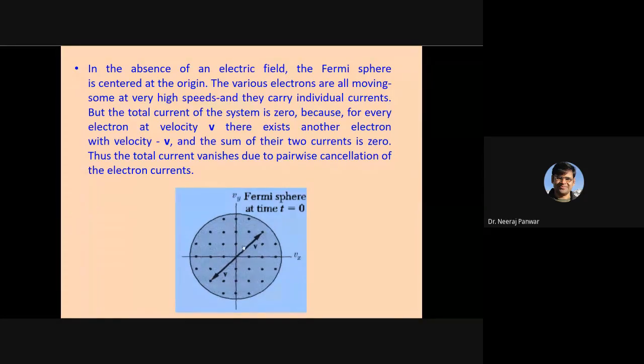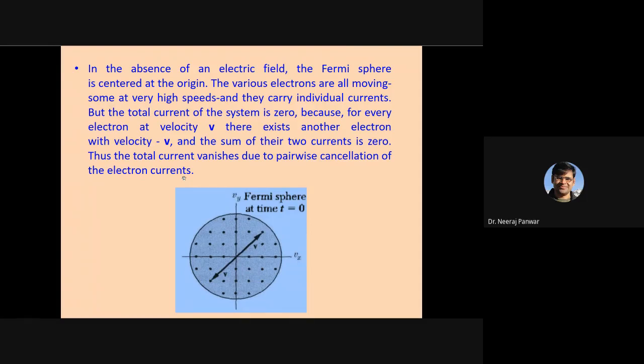They have equal but opposite speeds, and each electron is carrying current. Therefore, the sum of the two currents is zero. Thus, the total current vanishes due to pairwise cancellation of the electron currents in the absence of electric field.